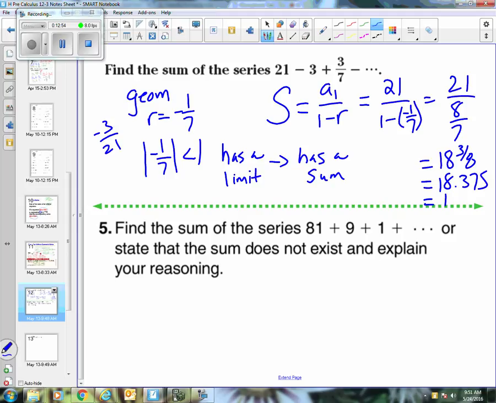Some people just leave it as a mixed number or an improper fraction, 147 over 8. All fine. So all of these are ways that we can add them up. So basically what we're saying is if you do 21 minus 3 plus 3/7 minus 3 over 49 plus, and you keep going infinitely, you're going to get closer and closer and closer to that value. So 18 3/8. So kind of cool that we can actually calculate an infinite sum.